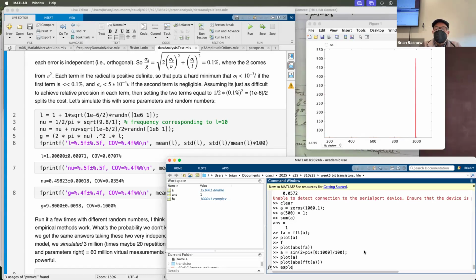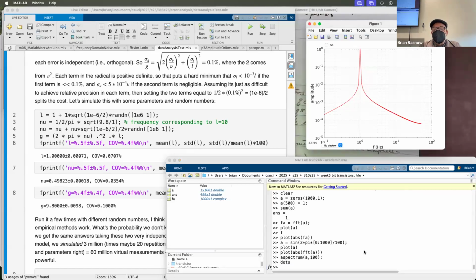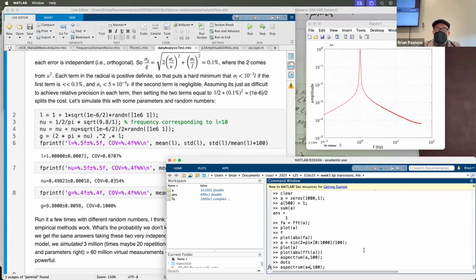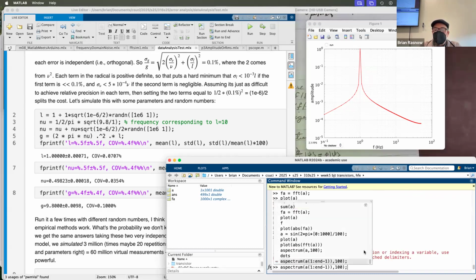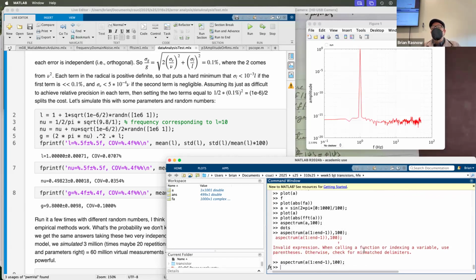Here, let's do an amplitude spectrum, because this thing normalizes. Spectrum of A, let's say we sampled at 100 hertz. Now let me do one more thing: A from 1 to n minus 1, because I have an extra data point in there. There we go.